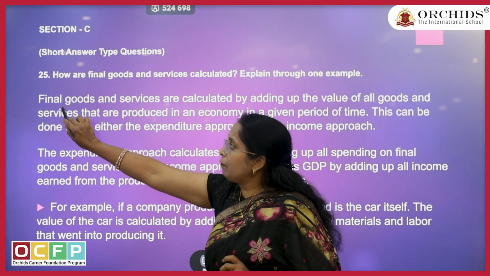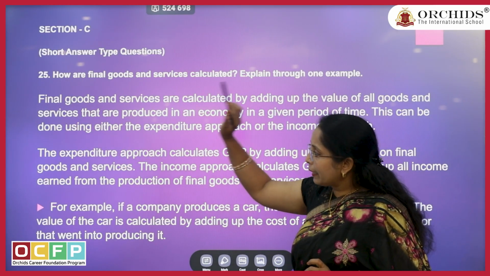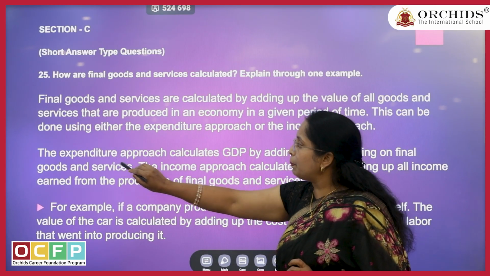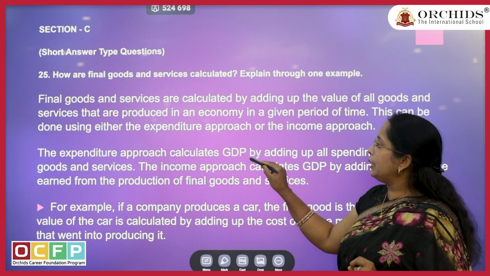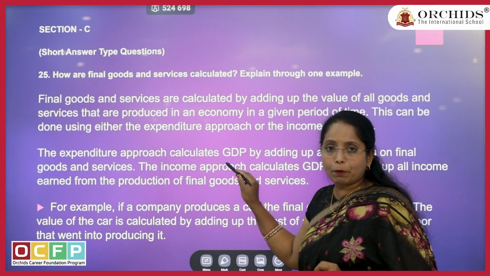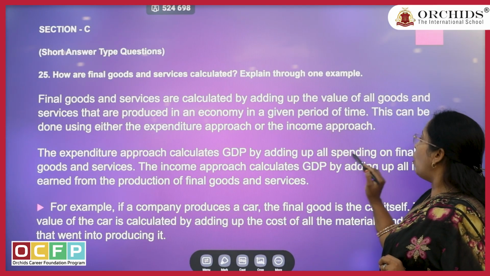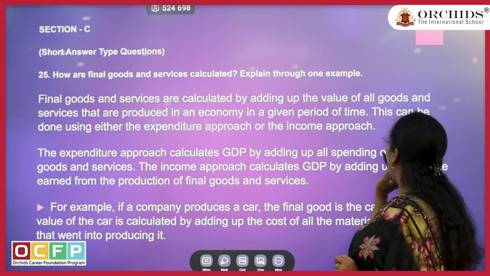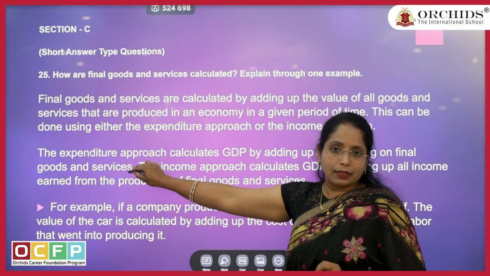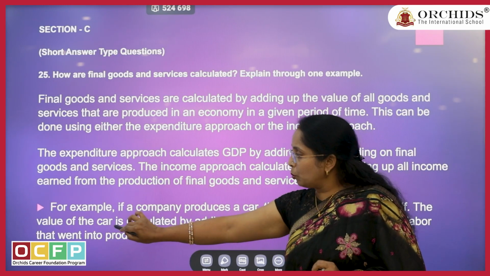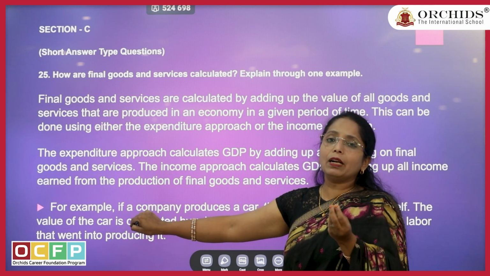Now here you will get 1 mark. Then the second mark will be allotted for the expenditure approach calculates the GDP, gross domestic product, by adding up all the spending on final goods and services. See children, students, here the example we are taking is of a car company.